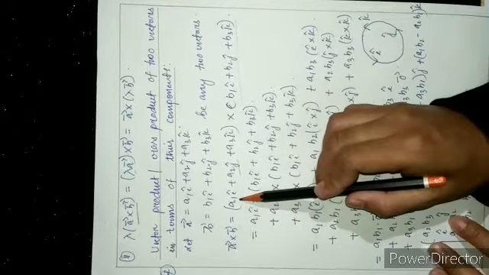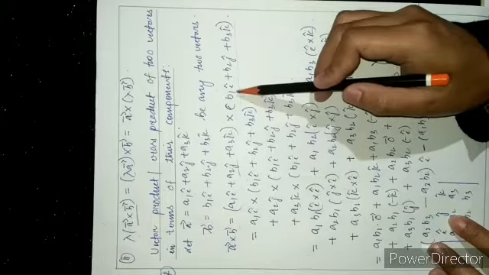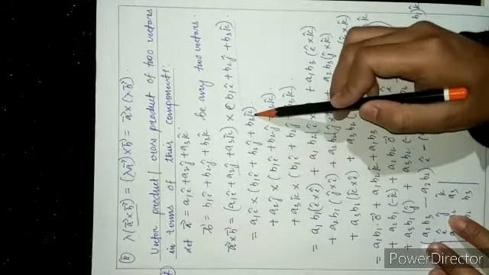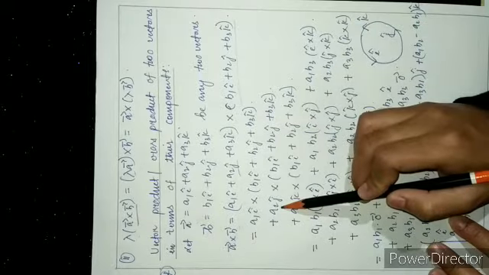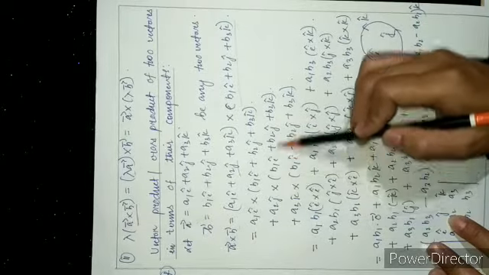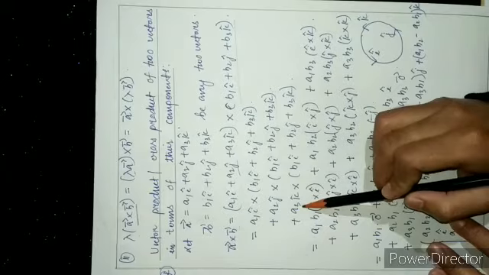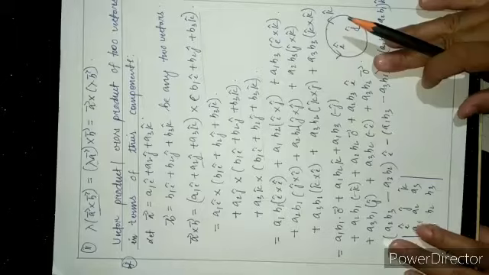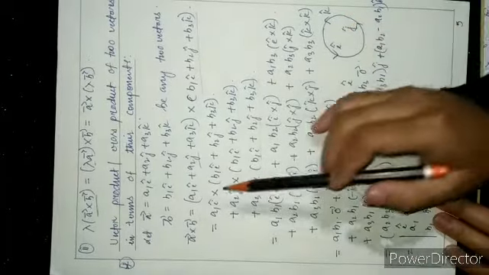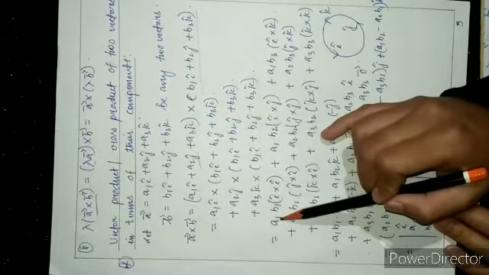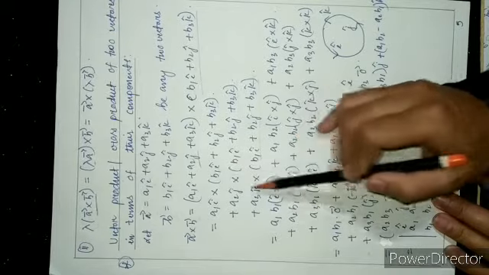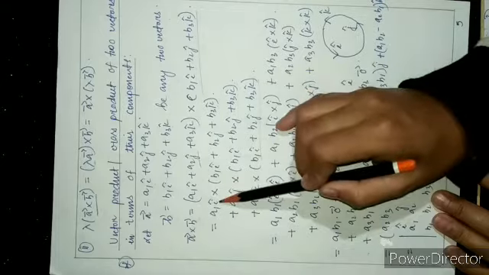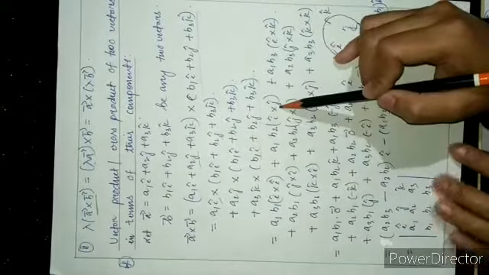First find the cross product of A1 I cap with the components of B vector, B1 I cap plus B2 J cap plus B3 K cap. Then write the second component A2 J cross the same, and the third term A3 K cross B1 I cap, B2 and B3. First, A1 B1 is a real number, find the cross product of I, plus A1 B2, find the cross product of I and J.